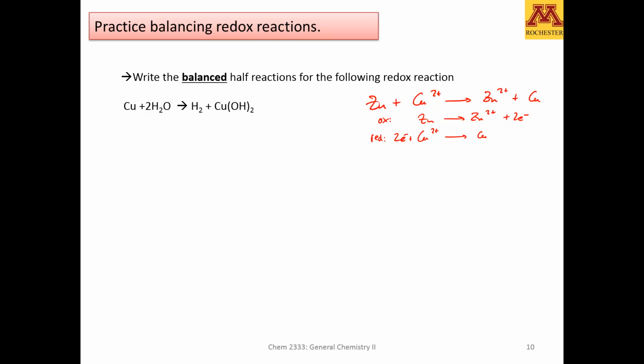There are no spectator ions. There are no other atoms in there that are not either the oxidizing agent or reducing agent. So this one is much easier to split. However, there are some cases where it may not be that straightforward.